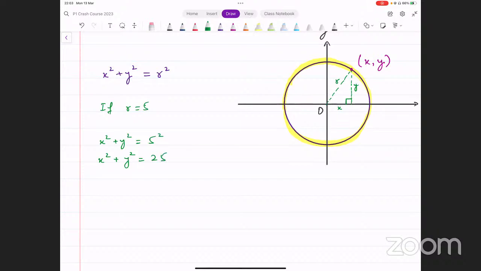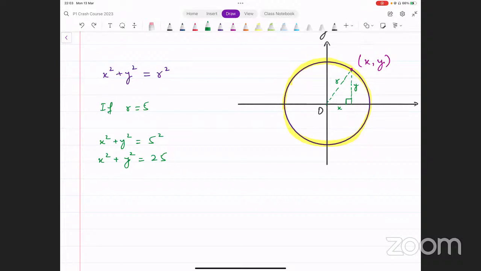So for this particular circle, a circle that has its center at the origin, the equation of the circle is given by x squared plus y squared equals 25. All right, so this is the equation of this particular circle that has its center at the origin and its radius is 5. This is how x and y are going to be connected. So every point on the circumference here is going to satisfy this particular equation. All right, so that's how you can find the equation of a circle with center at the origin.